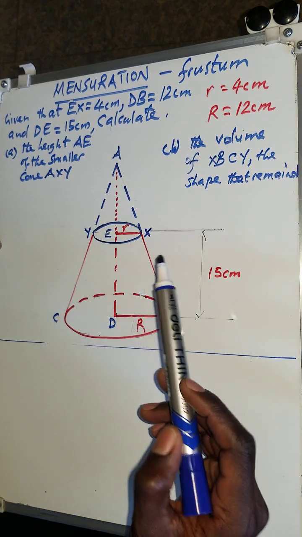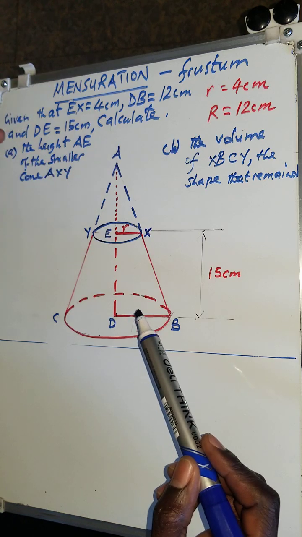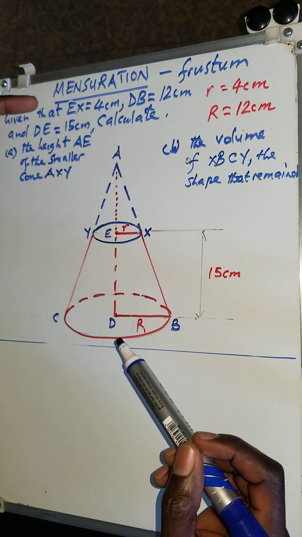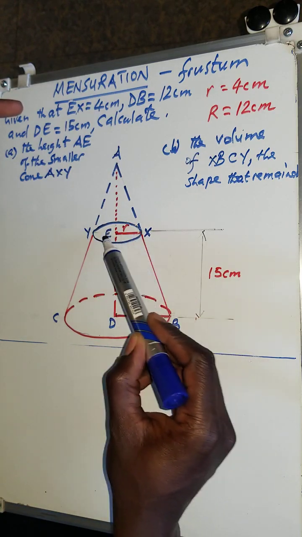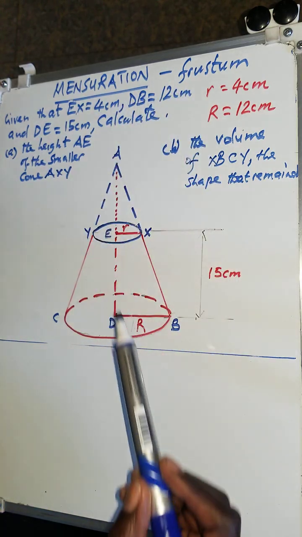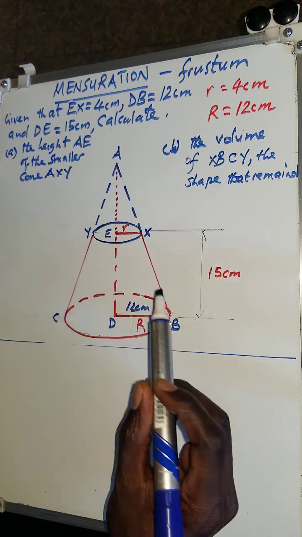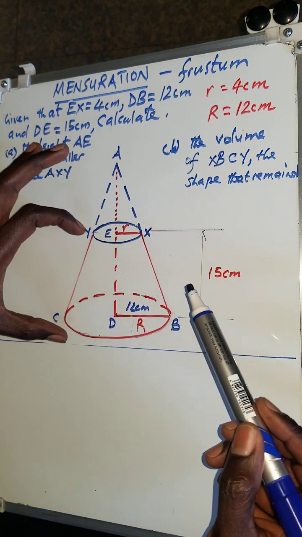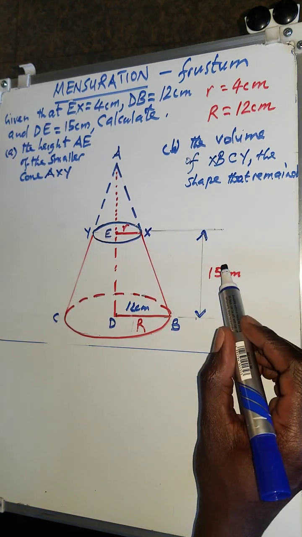But of course, sometimes they can ask you to find the height of the cone that has actually been removed, as in the case of this situation. For example, the question here says that given that EX, in other words, the radius of the smaller cone, is 4 centimeters and DB, that is the radius of the bigger cone, is 12 centimeters, and DE, the height of the frustum, is 15 centimeters.